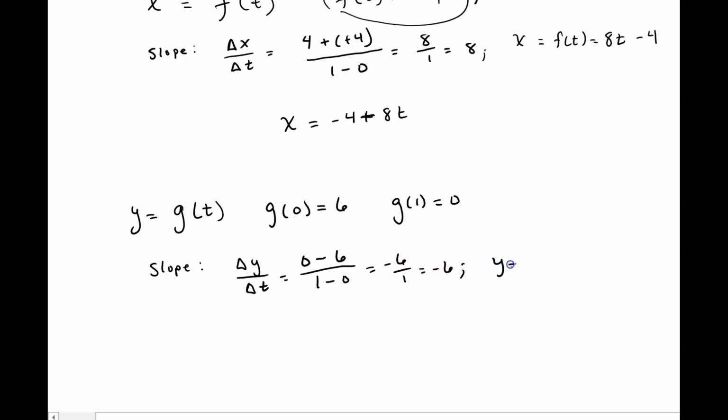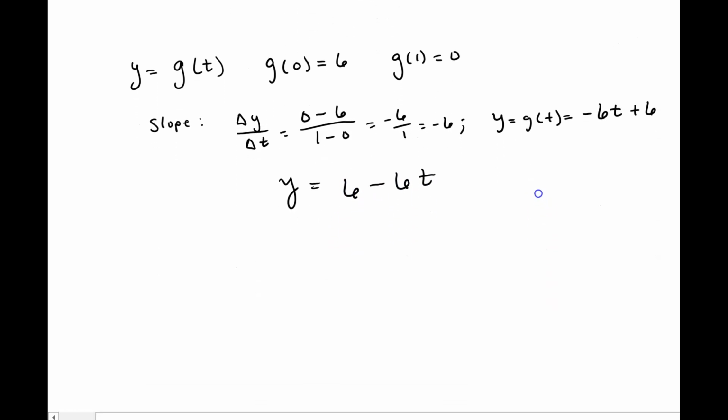So y equals g of t will be the negative 6 slope times t plus the y-intercept of 6. Writing this in parametric form, it's going to be 6 minus 6t.